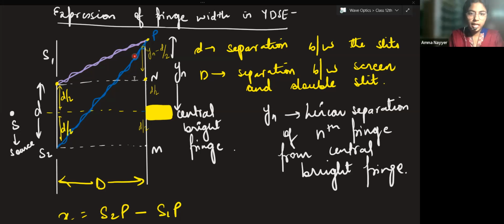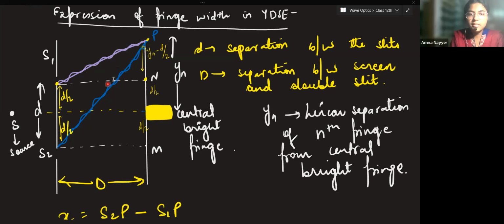Why? The entire was Yn, this part was d by 2, so if from Yn you subtract d by 2, you obtain Yn minus d by 2. Similarly for PM, this is Yn and this was d by 2, so PM will entirely become Yn plus d by 2. This whole length will become Yn plus d by 2, whereas this length will become Yn minus d by 2.